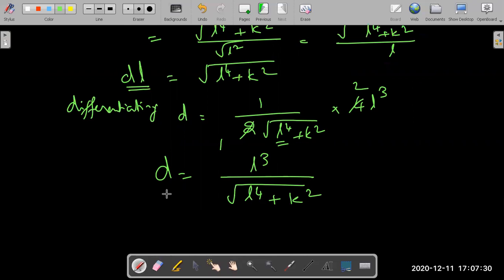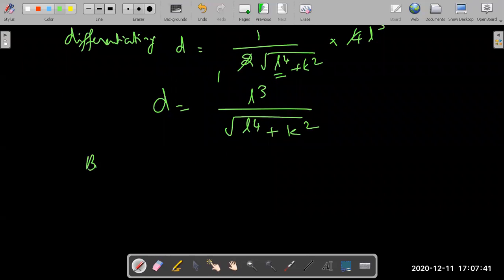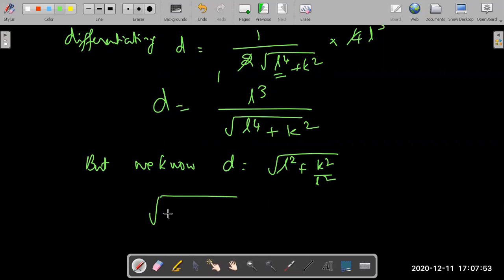But we know that D is equal to square root of L square plus K square by L square. So you will have square root of L square plus K square by L square equal to L cube divided by square root of L to the power of 4 plus K square.